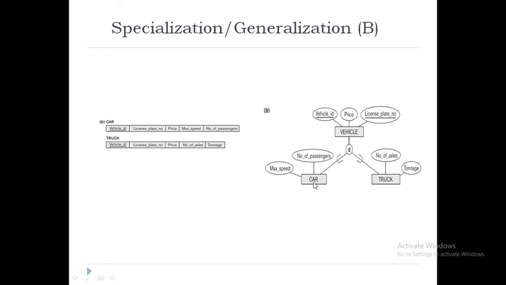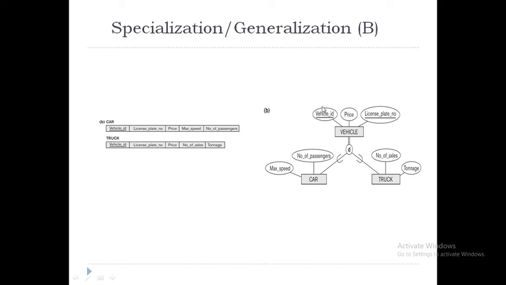Now what happens here is, whatever common attributes you have will be added to each relation. See here, in car we have vehicle ID, license plate number and the price. These are common for car and truck, so we include those three, and then the max speed and number of passengers.